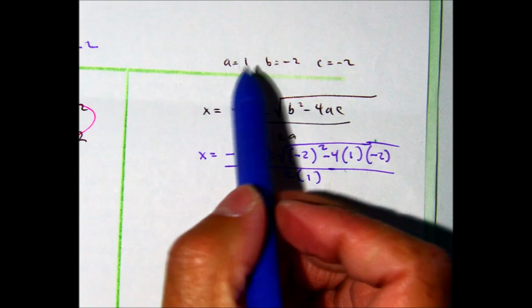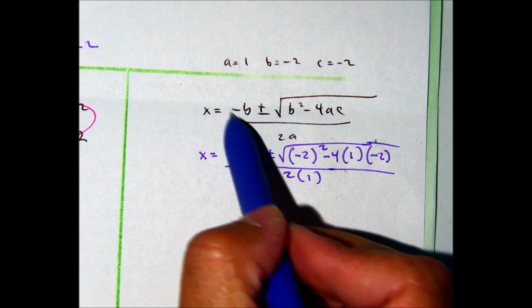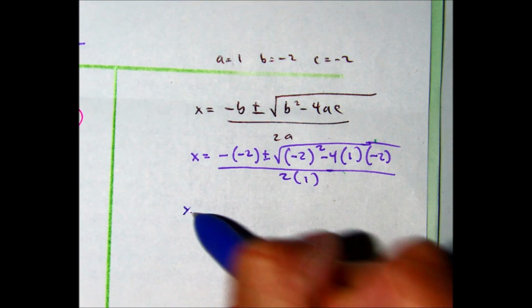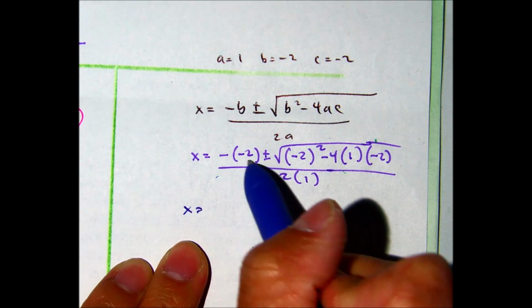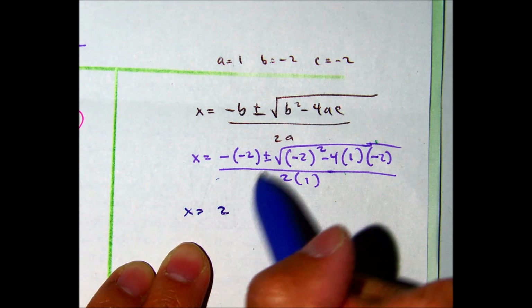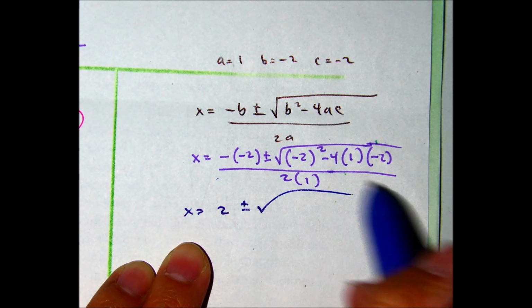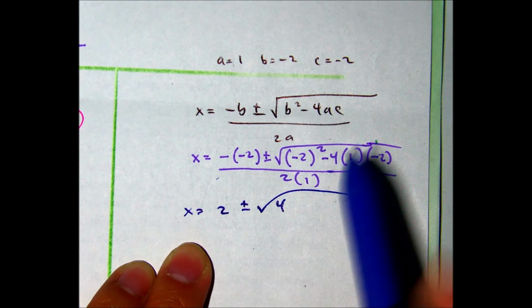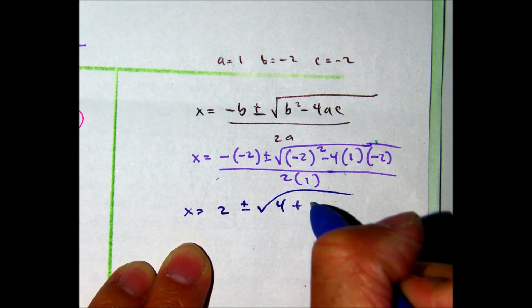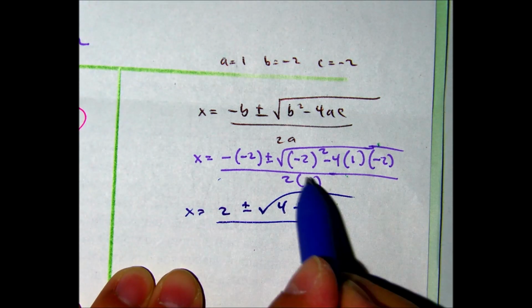A common mistake is to have written -2 right here. The answer is actually, what is it, class? +2. Because it's the opposite of b. That's why I use parentheses. (-2) squared is 4. Class, -4 times 1 times -2 is +8, divided by 2.